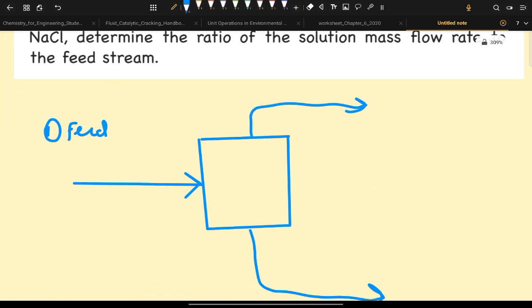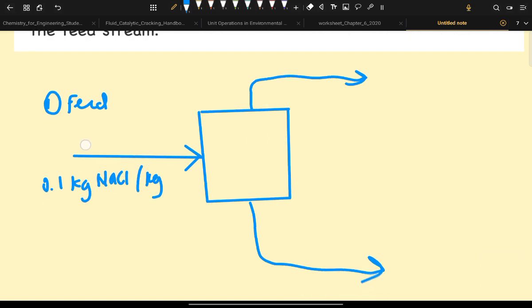So what we have here is 0.1 weight fraction, kg sodium chloride per kg, and then the rest is water, because the question said aqueous solution, right? So the remaining 0.9 is the weight fraction for water.